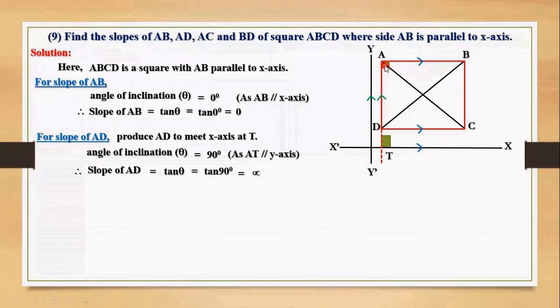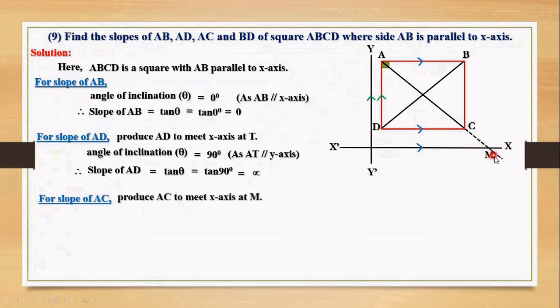Now we are going to find the slope of the diagonal AC. For this, AC is not intersecting the x-axis, so produce it to meet the x-axis at M. Here we have the angle of inclination, theta, which is angle CMX. Now we need to find this angle.